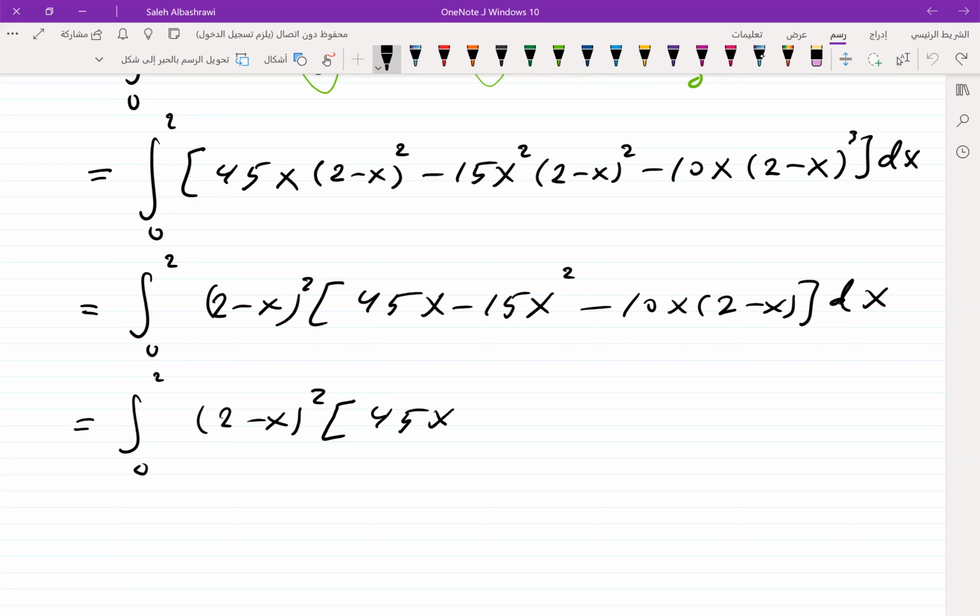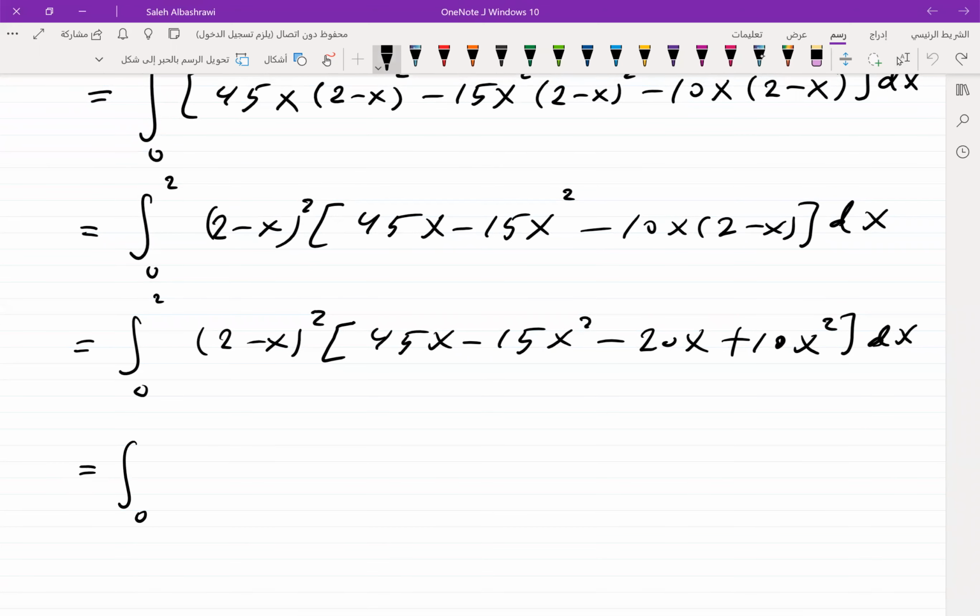This is 45x minus 15x squared minus 20x plus 10x squared. So 0 to 2, (2 minus x) to the power 2. 45 minus 20 is 25x, minus 15 plus 10 is minus 5x squared, dx.